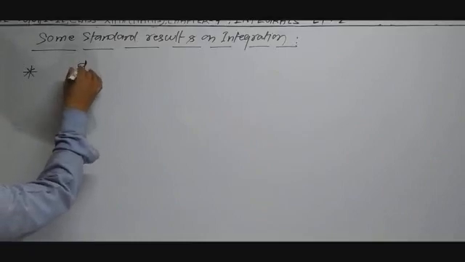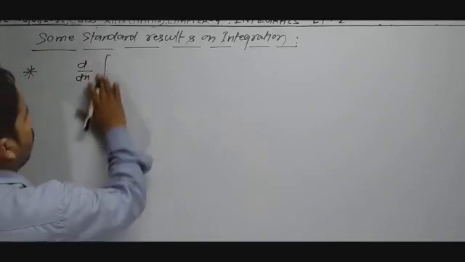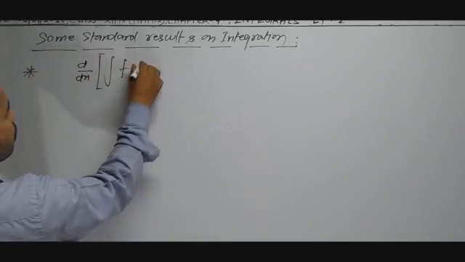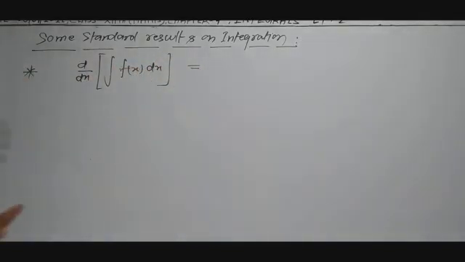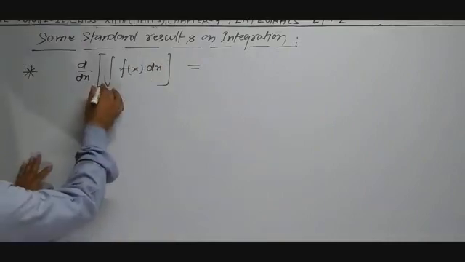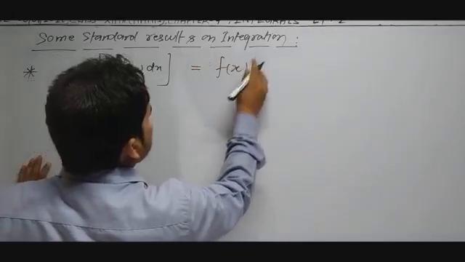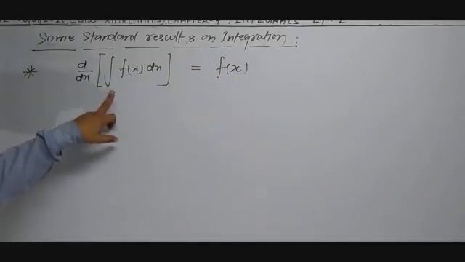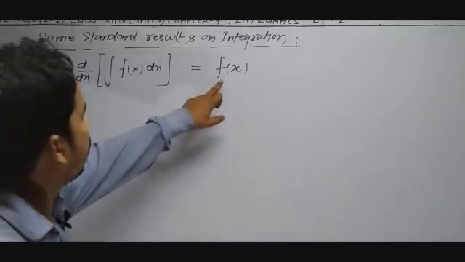Suppose for any function f(x), d by dx of integration over f(x) dx, what will be the result? Its result will be only the function. Means d by dx followed by integration, these cancel each other, so the result will be only the function.